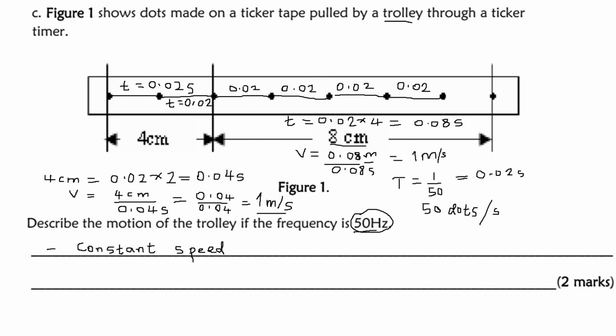Yeah, so welcome learners. My name is Mr. Loyola once again. It has taken us quite a bit of time to analyze this question. So in your response, make sure you say that since the speed in the 2 sections is the same, therefore it moves with a constant speed.